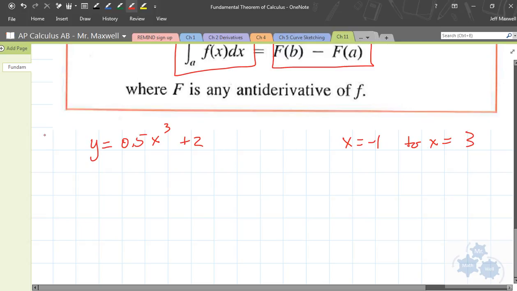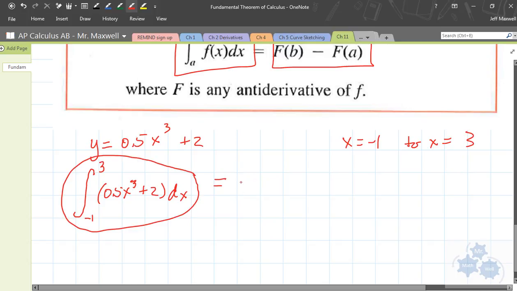So what I was actually asking in that quiz was this: what is the integral from -1 to 3 of the function 0.5x cubed plus 2 with respect to x, dx? That's actually what I was asking. And today, the big thing that you need to learn is that the wording, find the area underneath the curve, or between the curve and the x-axis, is another way of writing that, just like that.